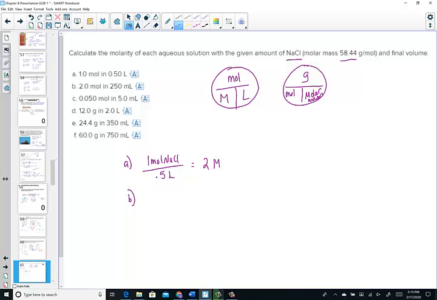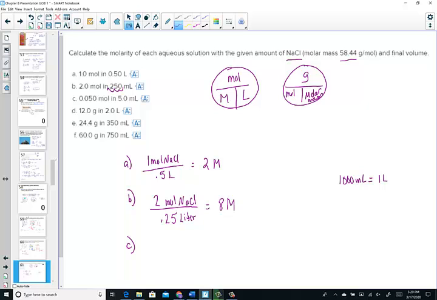Letter B. 2 moles of sodium chloride in 250 milliliters, which is 0.25 liters. Remember that there is 1,000 milliliters in every 1 liter. So I'm just moving the decimal 3 spots to the left, 0.25 liters. 2 divided by 0.25 is 8 molar.